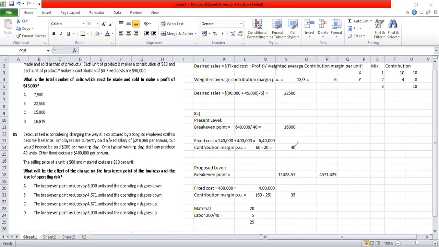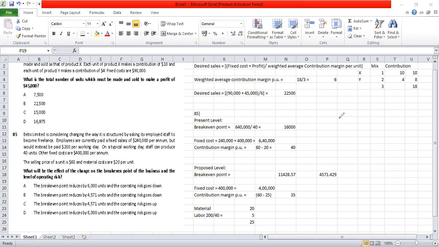If the proposed break-even point is coming down to 11,429, it means the break-even point will occur at 11,429 units itself. They need not wait till 16,000 to break even.